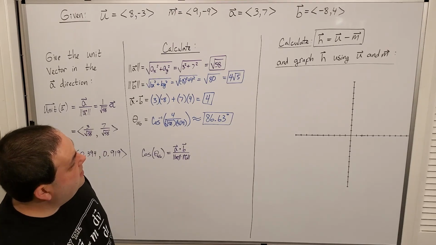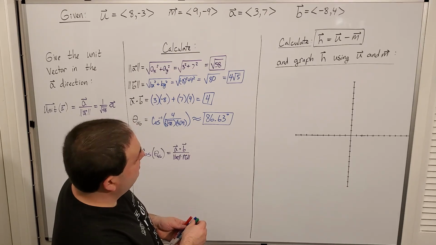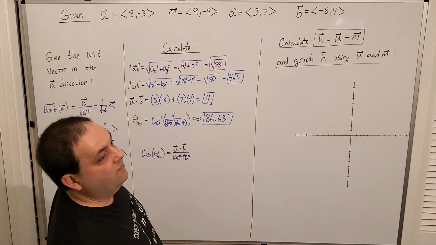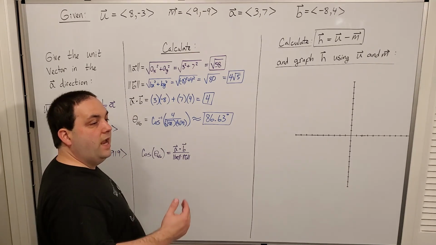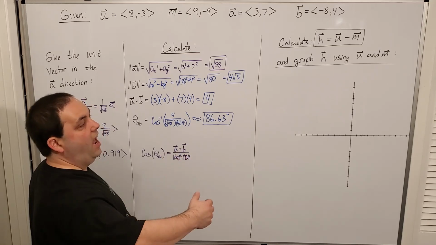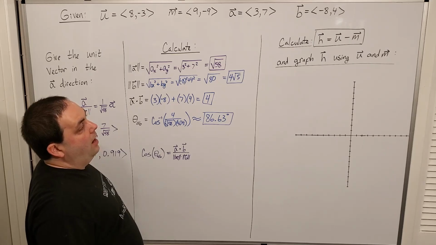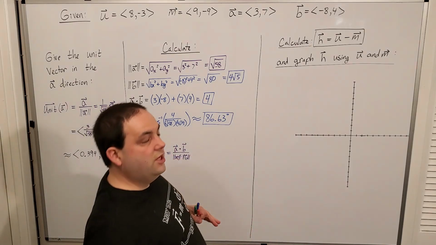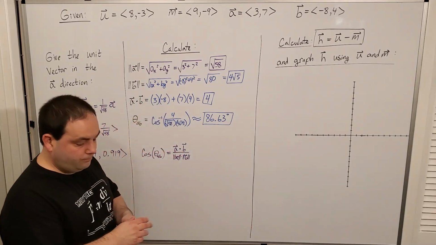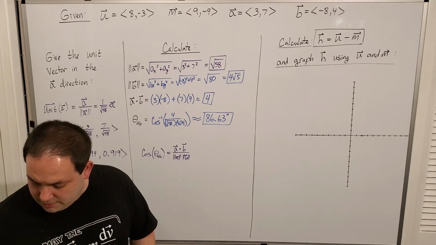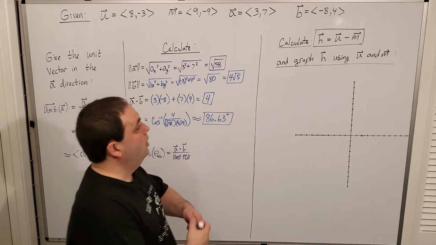All right, and lastly, calculate the vector h such that h is the u vector minus the m vector. Then graphically display how h can be created using the graph of u and m, respectively. So in other words, I'm asking you to do the algebraic and the geometric side of a vector subtraction. Let's start with the algebraic side: computing u minus m.